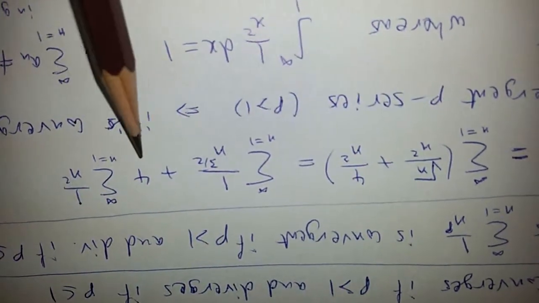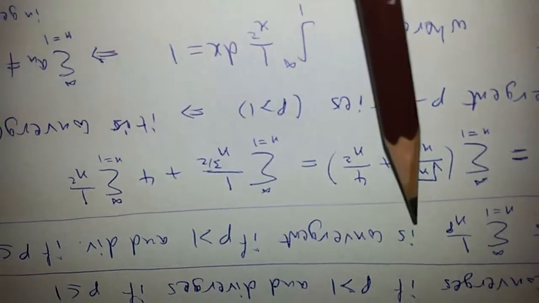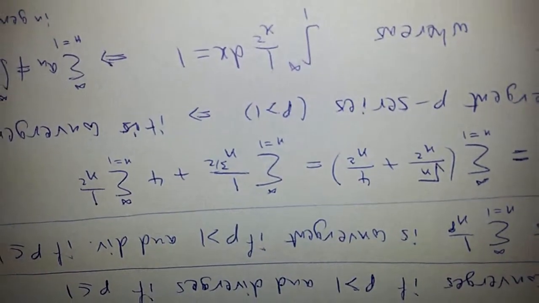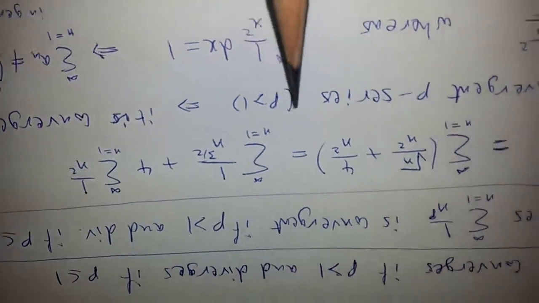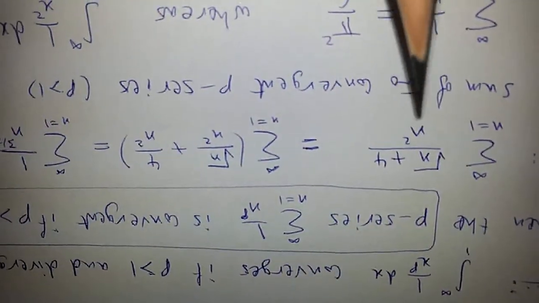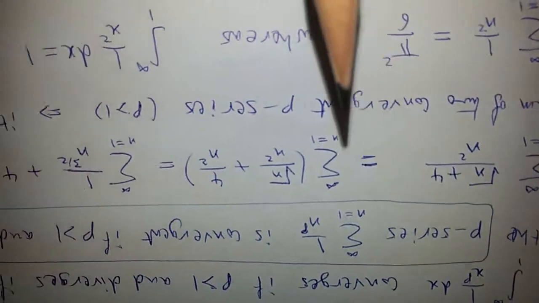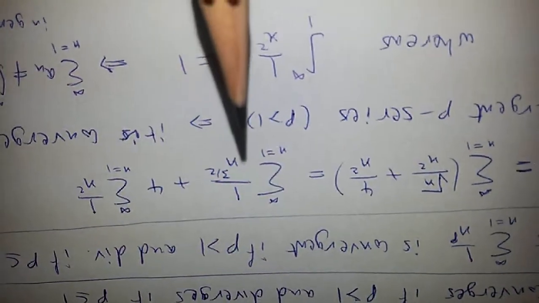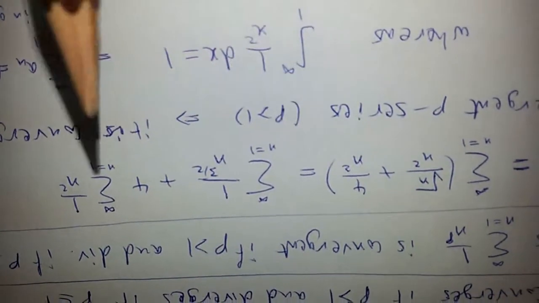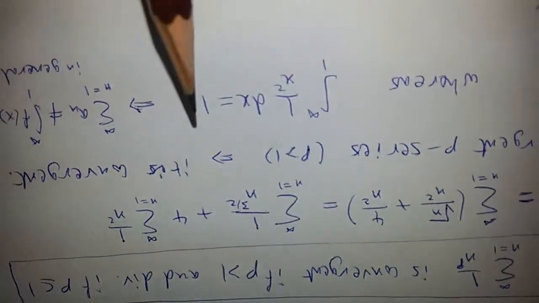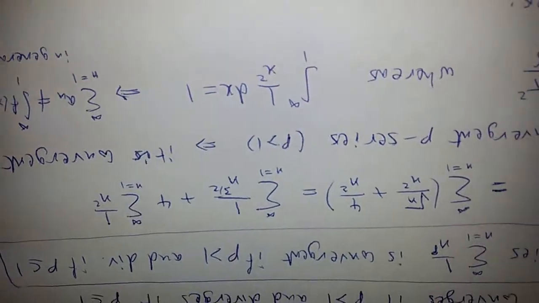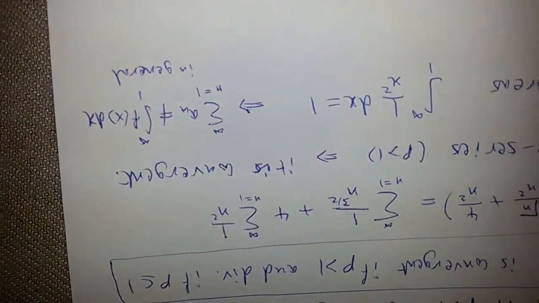And if you take 4 outside, this is also a convergent p series because p is greater than 1. So you can just say that this series is convergent because it's the sum of two convergent p series because p is greater than 1, and that's it. So this series is convergent.